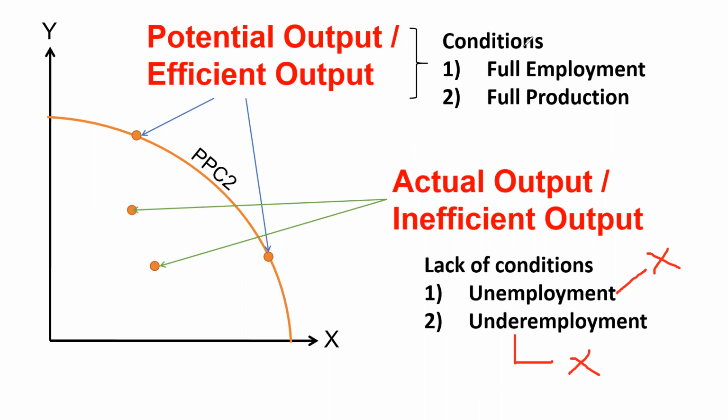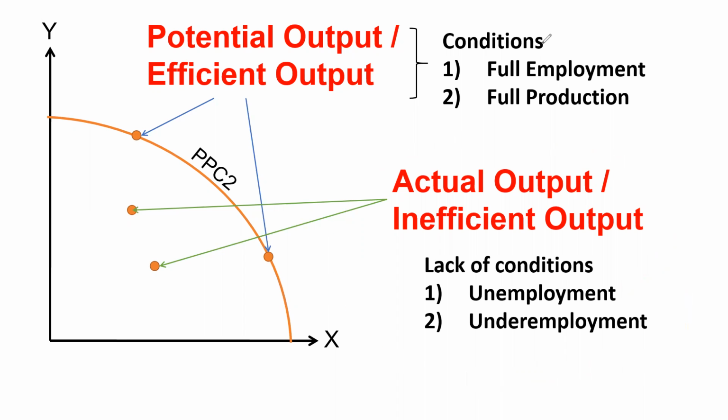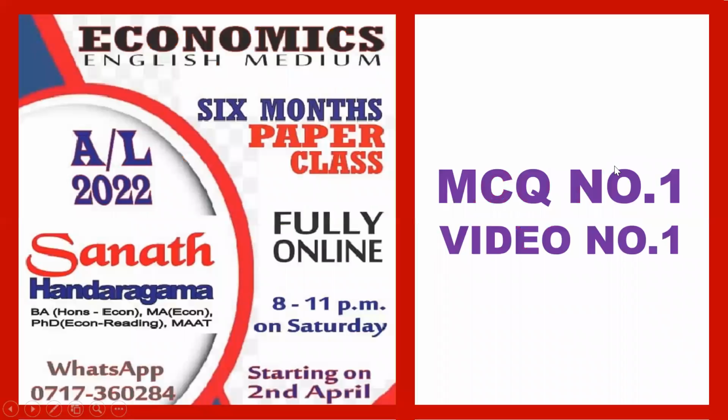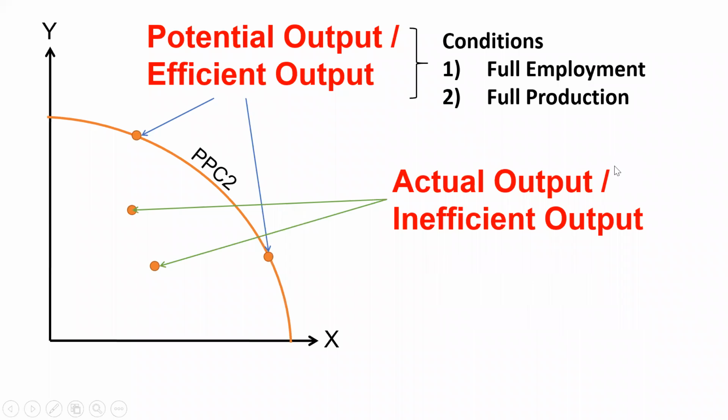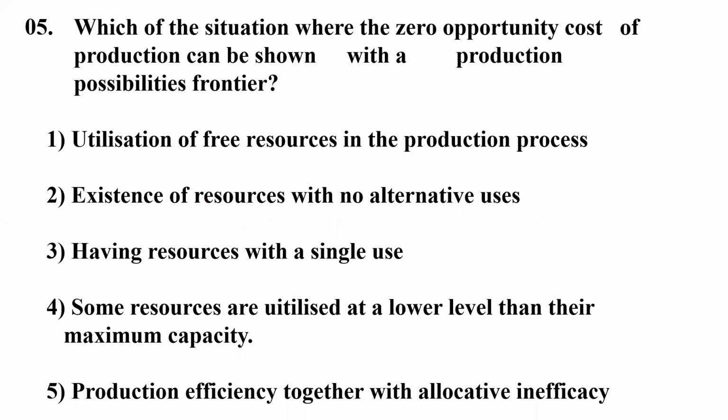So then you have to find the answer which tells one of these. What is the answer? Answer number 4. Some resources are utilized at a lower level than their maximum capacity.